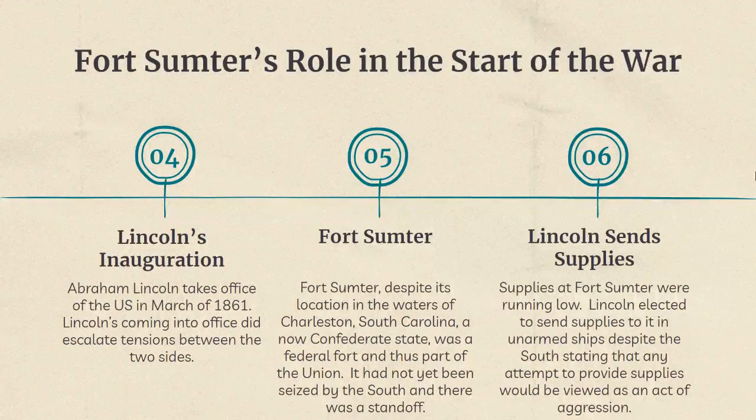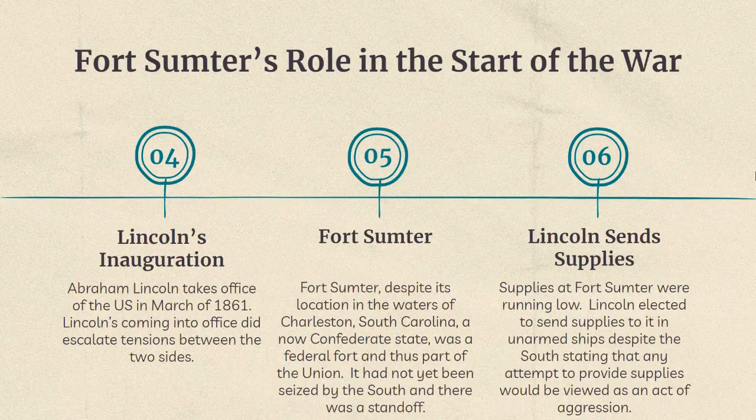Since it had not been seized, and since Fort Sumter was a Union fort, those inside the fort are kind of trapped, and they are running low on supplies. So those in Fort Sumter need supplies.